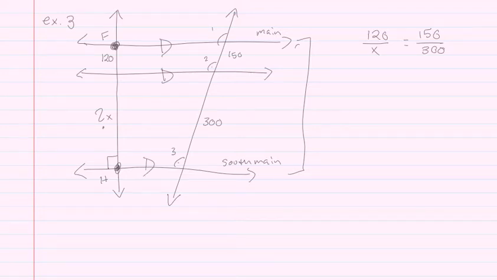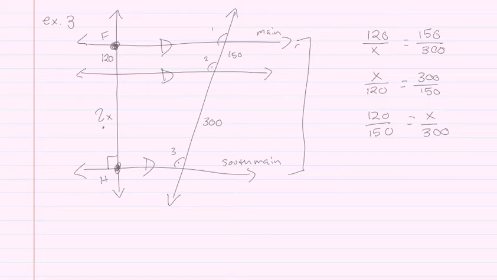Corresponding angles are congruent, causing those streets to be parallel. So I could do 120 over x equals 150 over 300. I could do x over 120 equals 300 over 150, or I could do 120 over 150 equals x over 300. I could keep going and fiddle with a whole bunch of properties here.